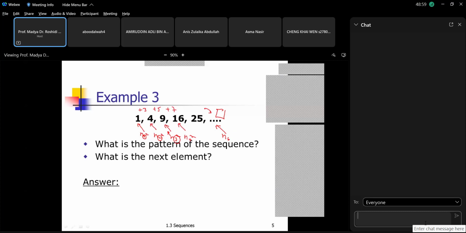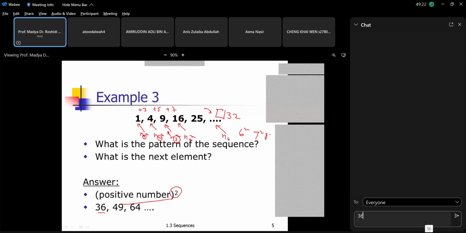Based on this kind of pattern, 6 squared, the answer will be 36. So we can say that the pattern of this kind of sequential is positive number squared. And what is the next value? The next value is 36, and 7 squared, 8 squared, we can get 49, 64, and so on.